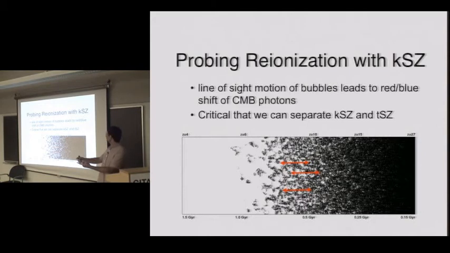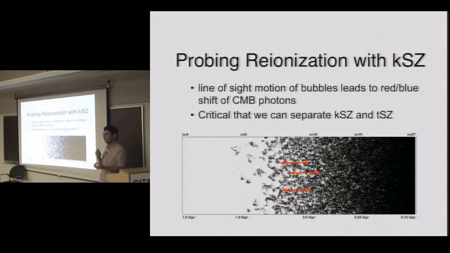But it's cool, right? The SZ effect is a combination, actually, of the kinetic SZ and the thermal SZ. And if you want to go after the kinetic SZ because you're interested in probing reionization, then already it's sort of difficult to separate those 2 components.